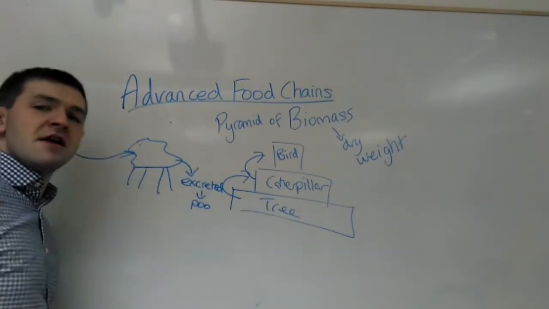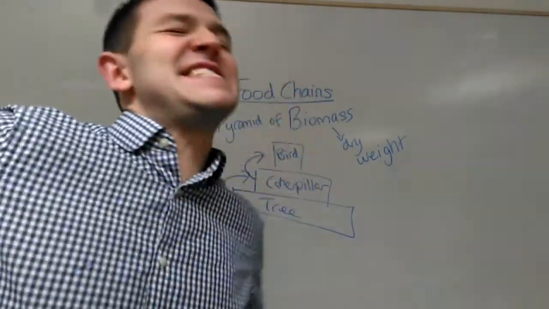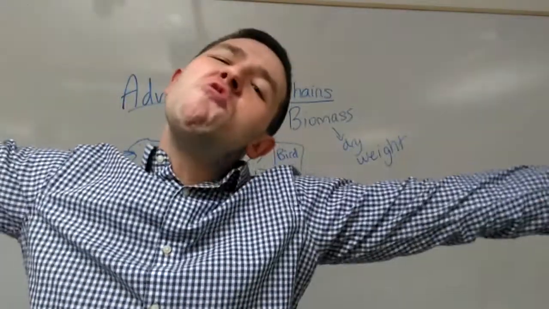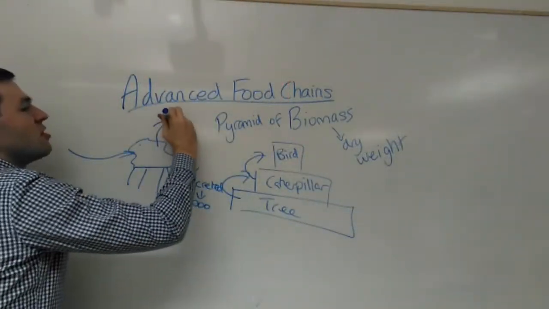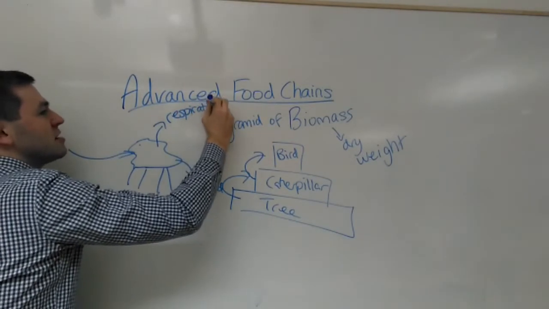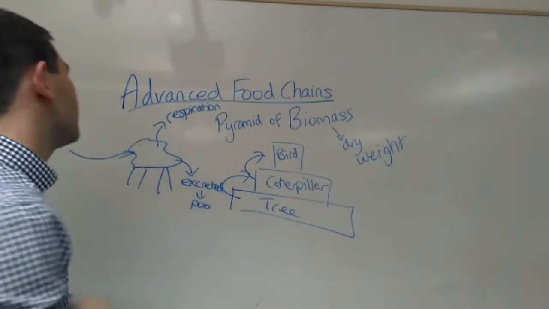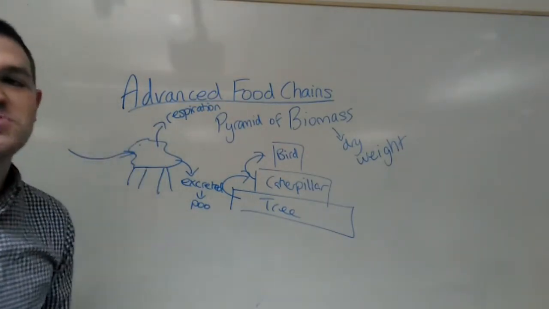Some of it, hey, we need that energy. We need it to live. We need it to move. We need it to keep warm. We need it to do that chemical reaction called respiration. But to ask you a question in the homework, we need it to do respiration.